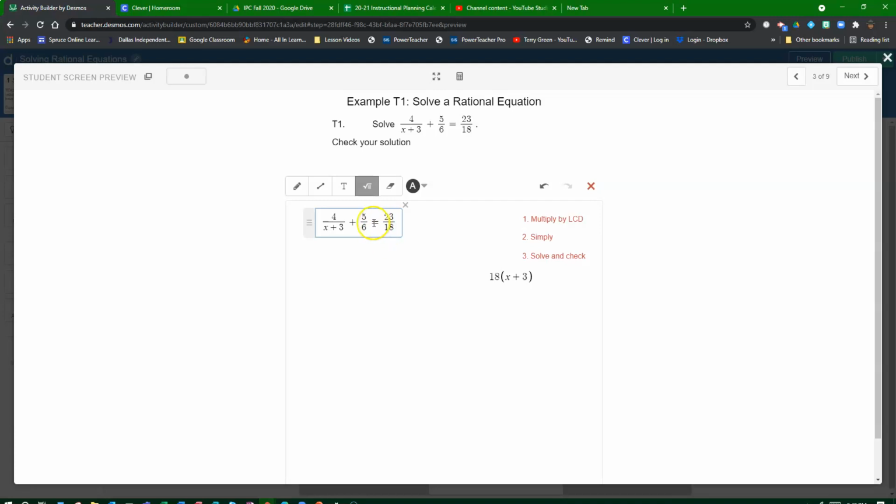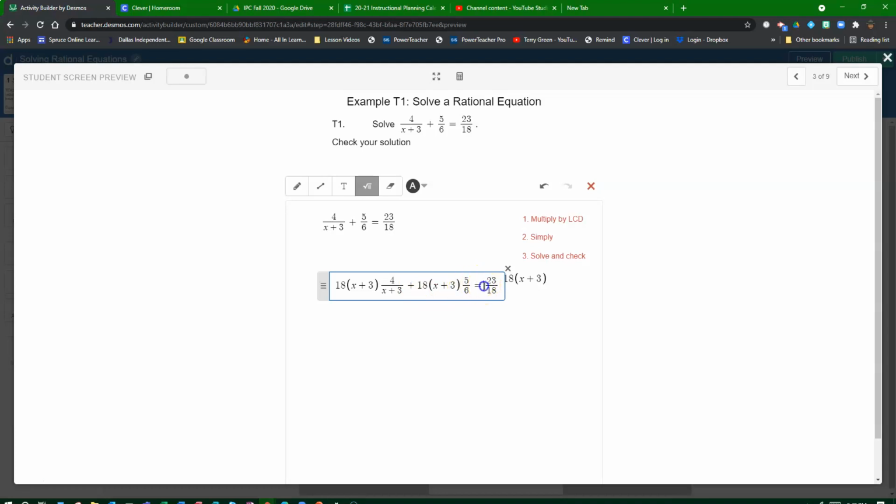So let's do that. Now here's where your copy and paste really helps you out. I'm going to select the whole problem, do a Control-C, and paste the problem right here. Notice that I'm using my math box for all of this. Now I'm going to copy my least common denominator as well and paste it right in front, and then right here.